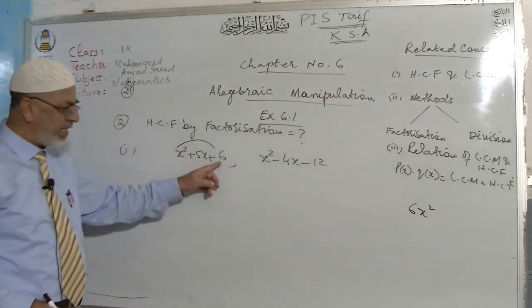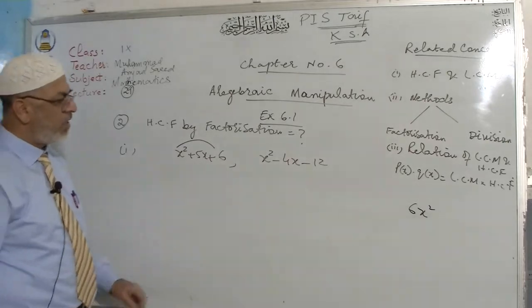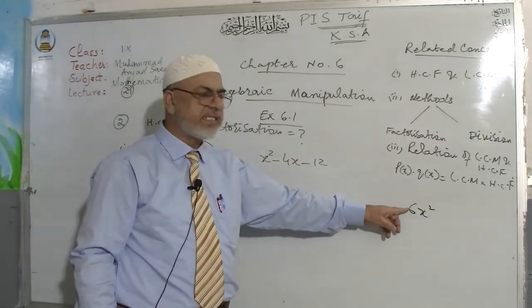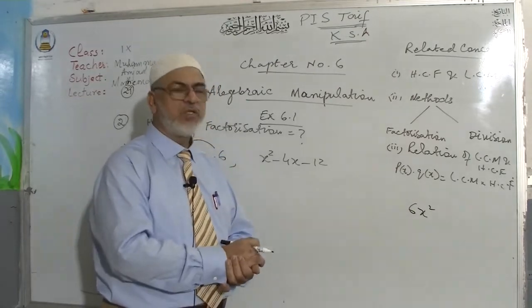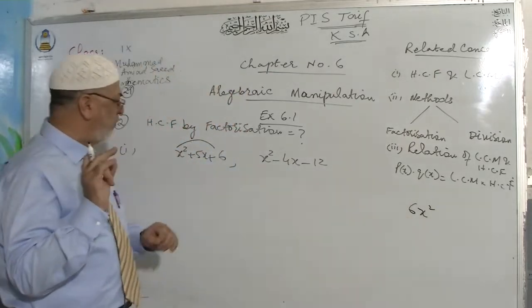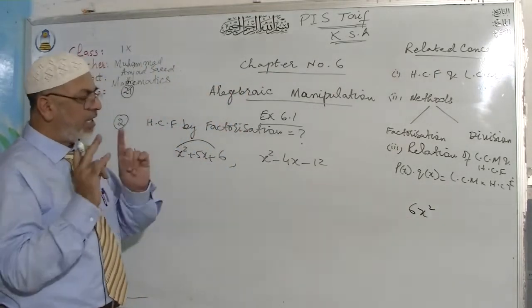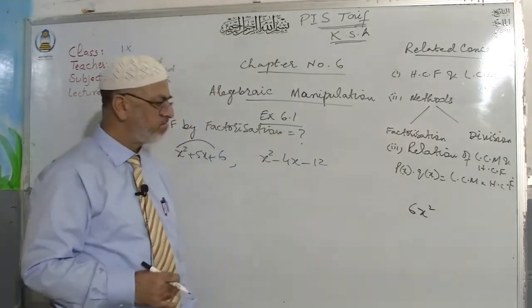Always multiply first and last, 6x square. Now split up this 6 into possible pairs so that after adding or subtracting you will get 5, or after multiplying you will get plus 6x square.